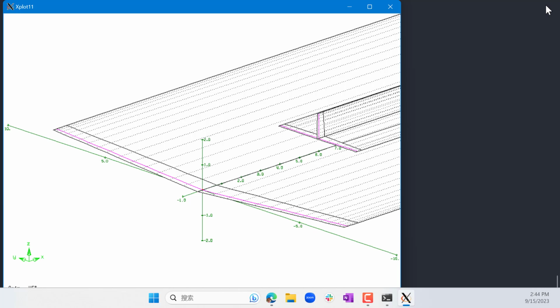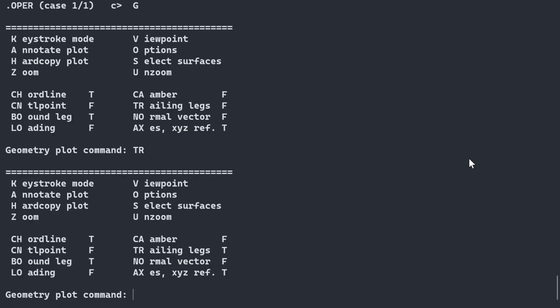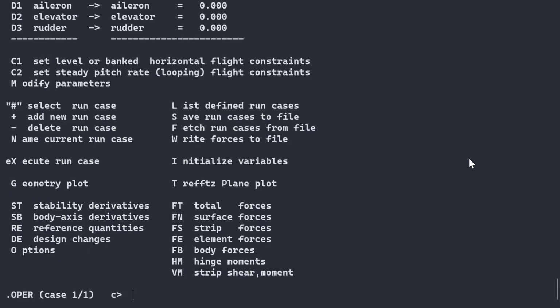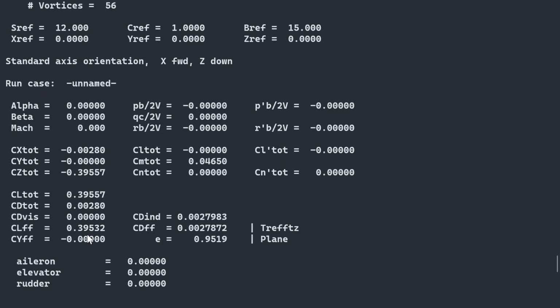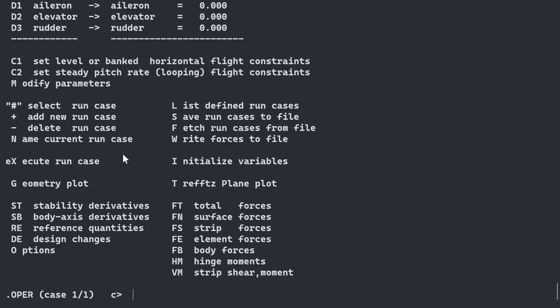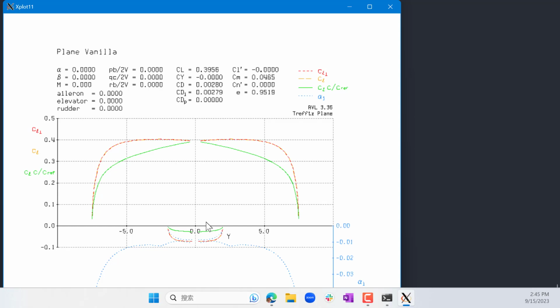Each vortex has a strength that is not known a priori, but is going to be computed as you run AVL, right? So for example, here, if you type enter to exit the geometry menu and type X to run it, you are going to see that it computes a bunch of forces, and you can type T to see the trefftz plane.